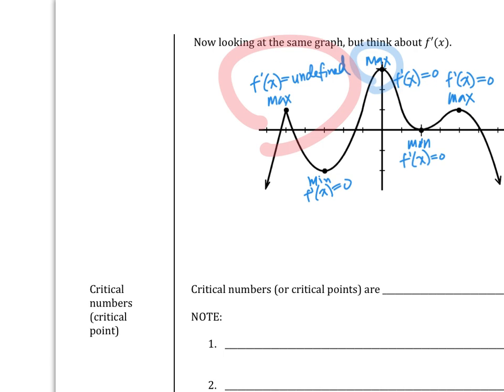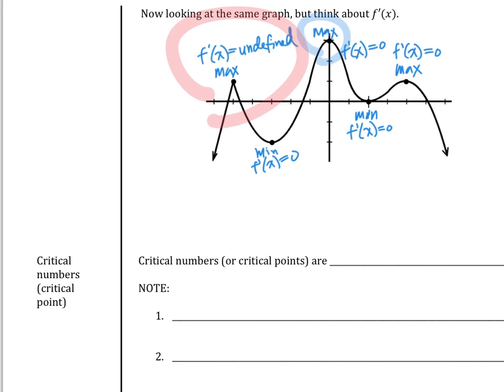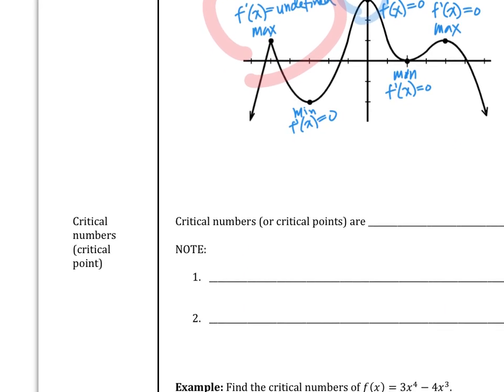So let's say that for some reason someone says, please find the maximum and minimum of this graph of f of x, and you have very little things to work with, then what you would have to do is find the points that could qualify for maximum and minimum. And then what you would do is figure out whether the derivative is 0 or undefined.